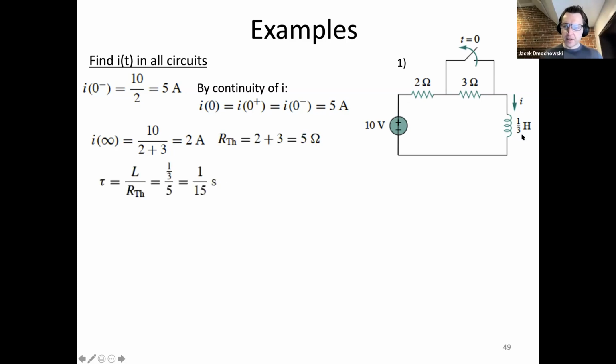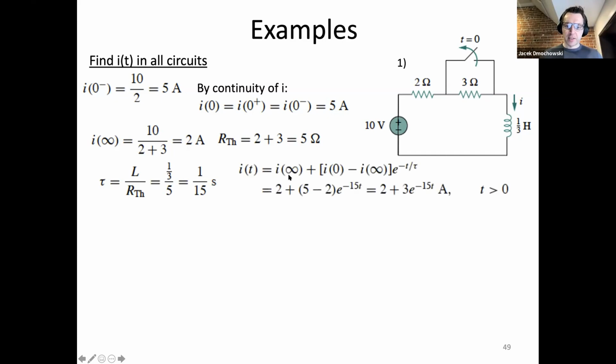And so its time constant is 1/3 henries divided by 5 ohms. So in other words, it's 1/15 of a second. So now we have all 3 ingredients of the solution. We have the initial condition, we have the final condition, and we have the time constant. And let's plug those in.